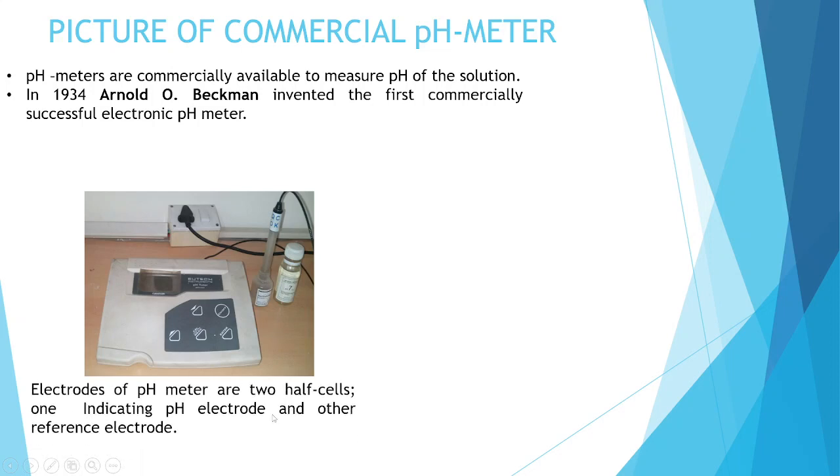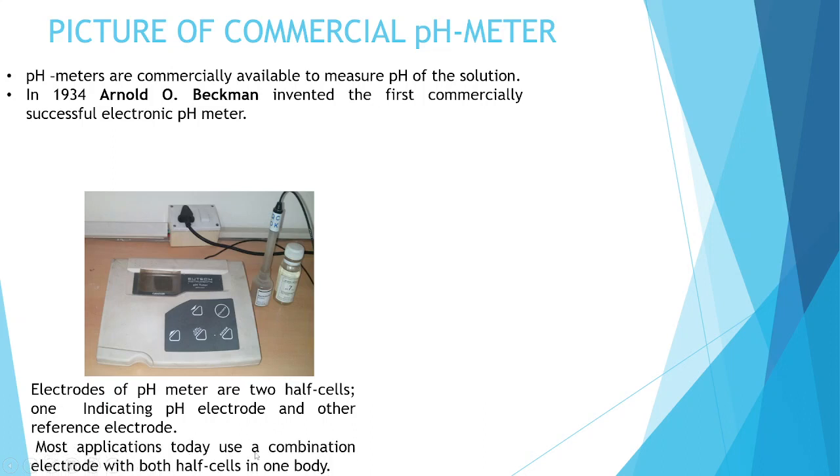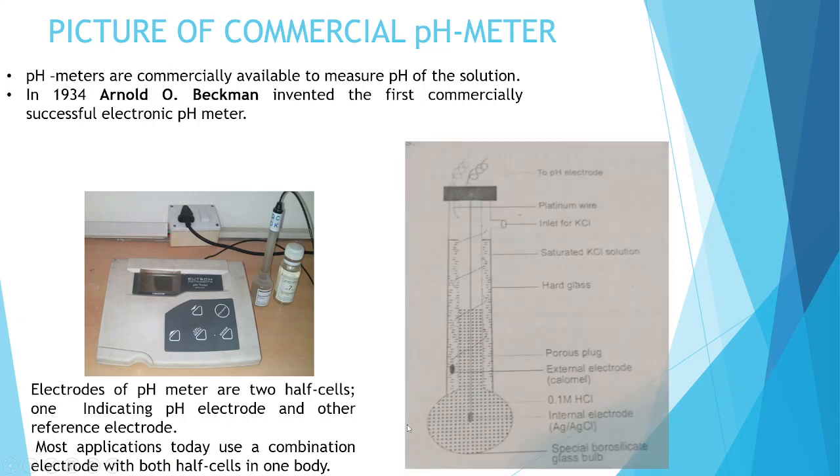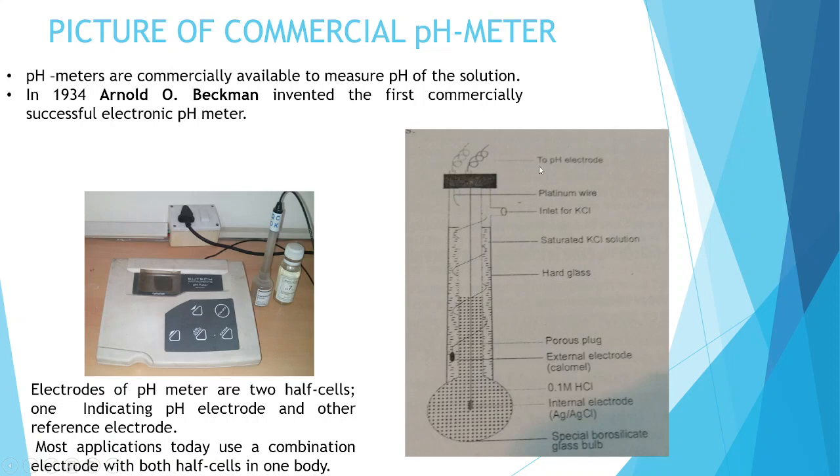Electrodes of a pH meter are two half cells, one indicating pH electrode and the other reference electrode. Most applications today use a combination electrode with both half cells in one body. You can see this here. These wires are going to the pH electrode and reference electrode.